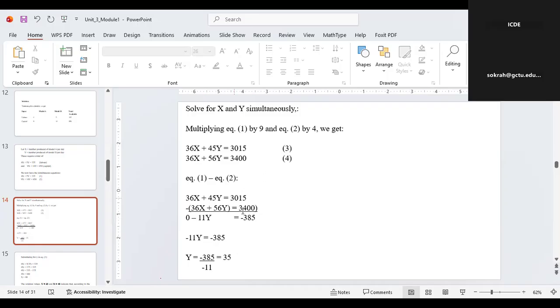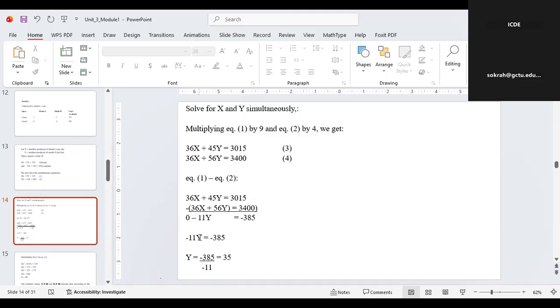Then 3015 minus 3,400 gave us negative 385. So now 0 minus 11y gives negative 11y, being equal to negative 385.